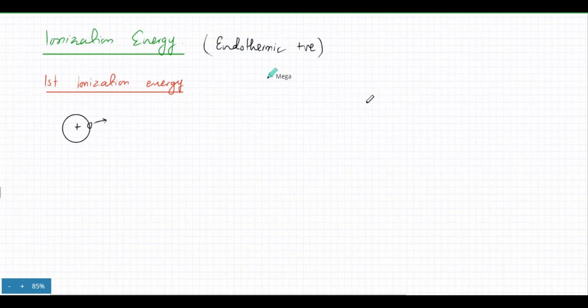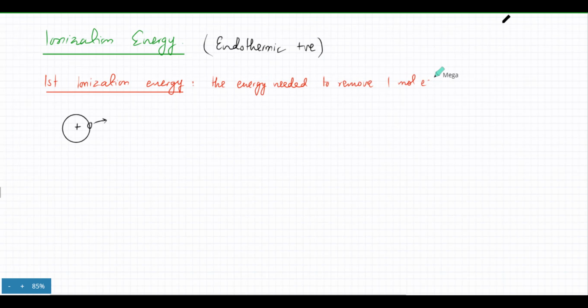So the first ionization energy, by definition, is the energy that is needed to remove one mole of electrons. Remember, you don't remove one electron, because one electron is so tiny that the amount of energy is almost impossible to measure.